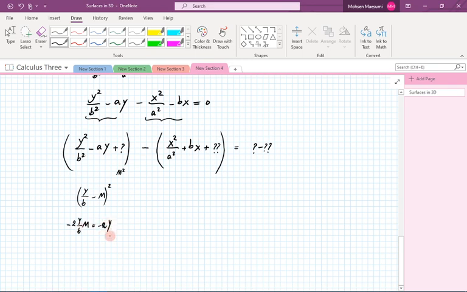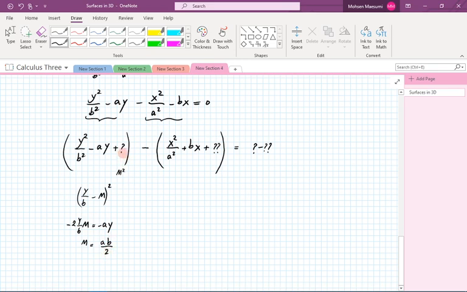So of course I cancel the y's, cancel the minuses, and from this I get that m has to be equal to what then? Let me write this a little bit better. The term I have here is ay. So m has to be a times b over 2.